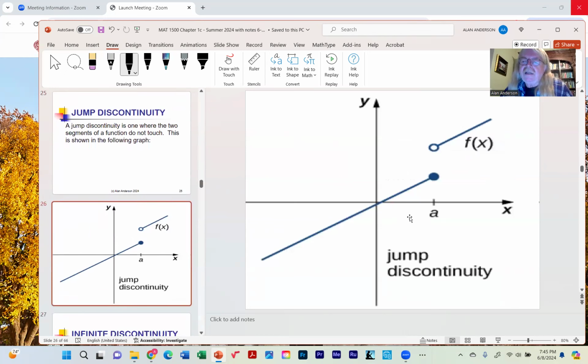A jump discontinuity, you can see here, the limits are different approaching from the right and left. So while f of a exists, and it's right here as a matter of fact, the limit does not.